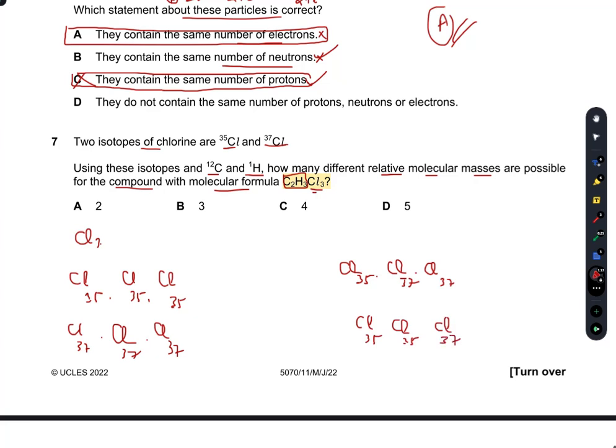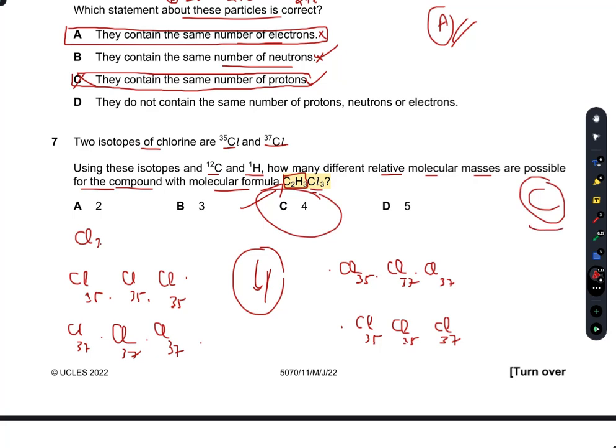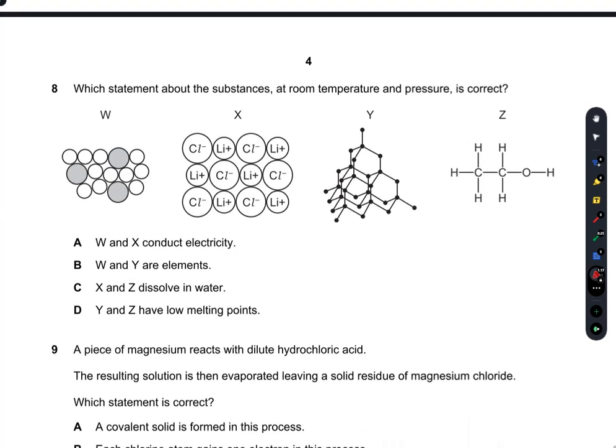So 1, 2, 3 and 4, four types of different compound with this molecular formula are possible, so that means C is our right option.